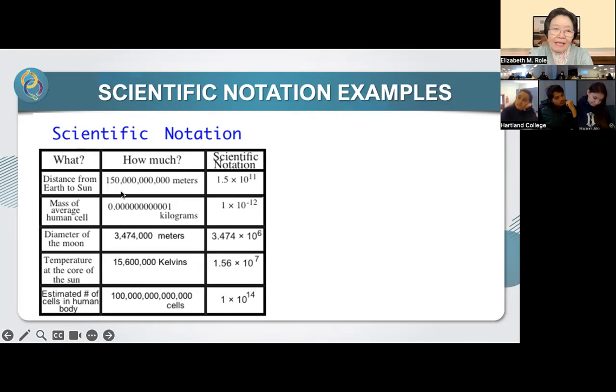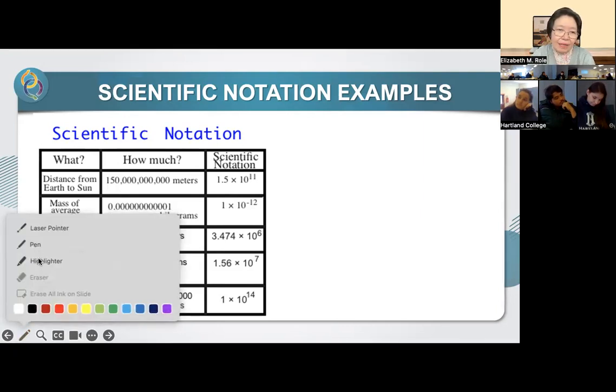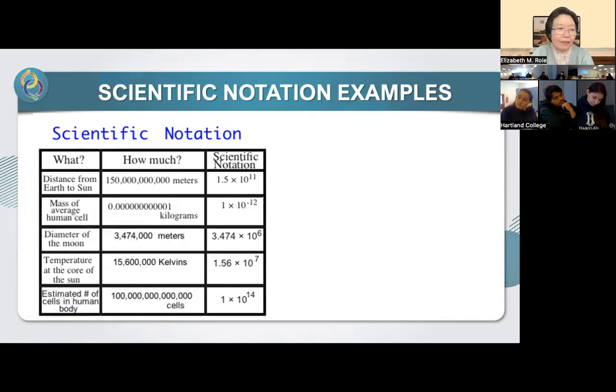So we count 1, 2, 3, 4, 5, 6, 7, 8, 9, 10, 11. There's 11 from the decimal point to the right, so we'll have 1.5 times 10 to the 11.